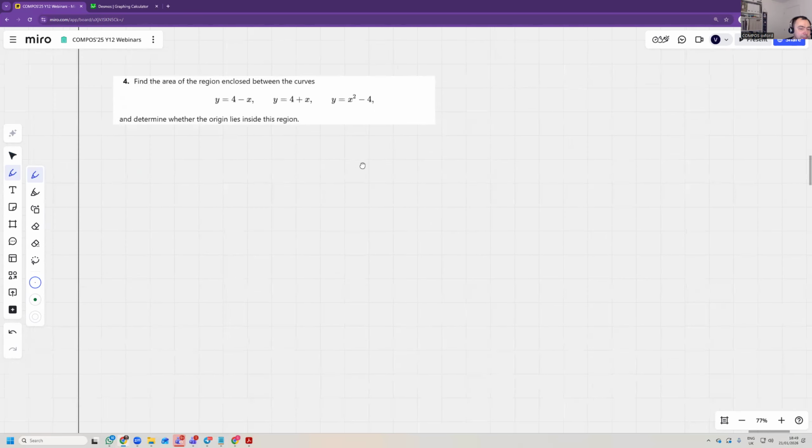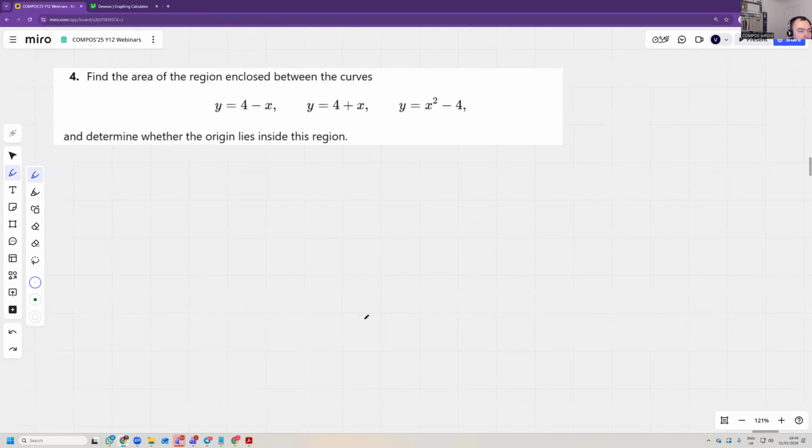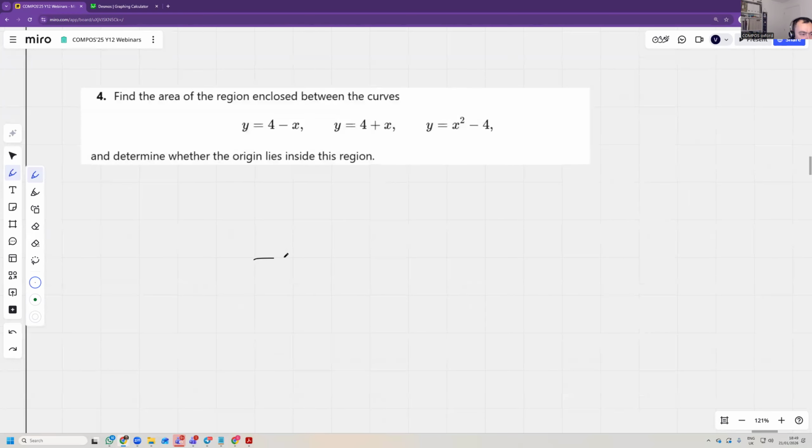Right. Okay, so you have some curves. 4 minus x, so that's 4, 4, 4 minus x.